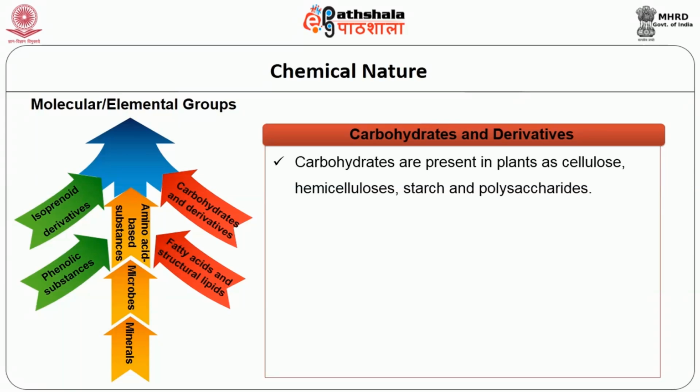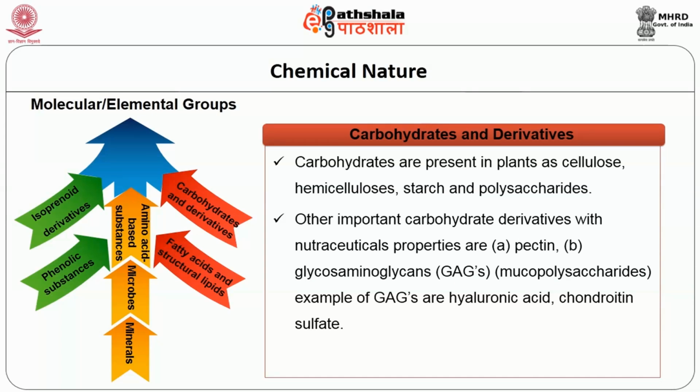Several polysaccharides are resistant to digestion in humans, and these polysaccharides are grouped along with the phenolic polymer lignin to form fibers, which is an important plant nutraceutical. Other important carbohydrate derivatives with nutraceutical properties are pectin and glycosaminoglycans or the mucopolysaccharides, and some examples of these GAGs are hyaluronic acid and chondroitin sulfate. So, are you familiar with carbohydrate derivatives? Yes, they are present in plants.